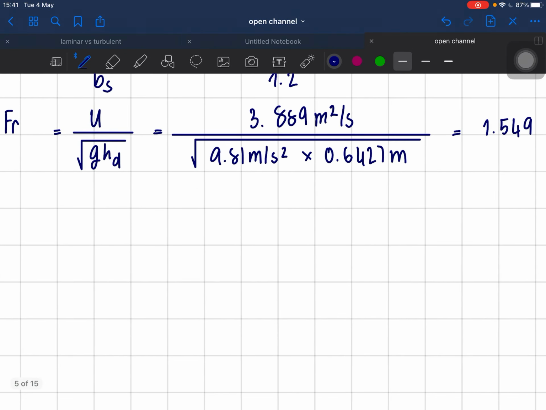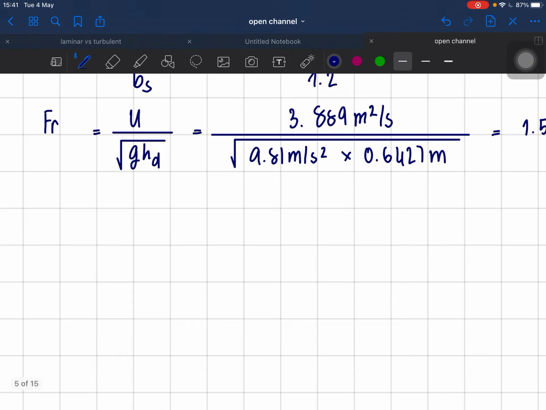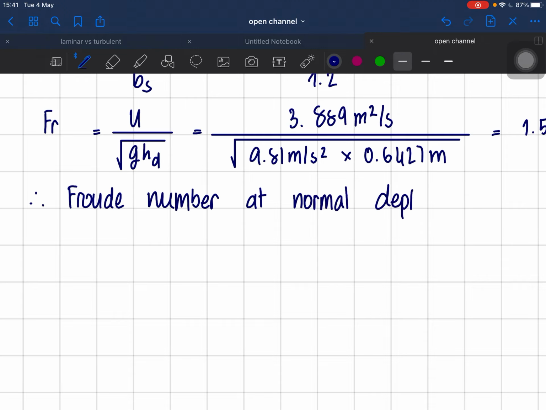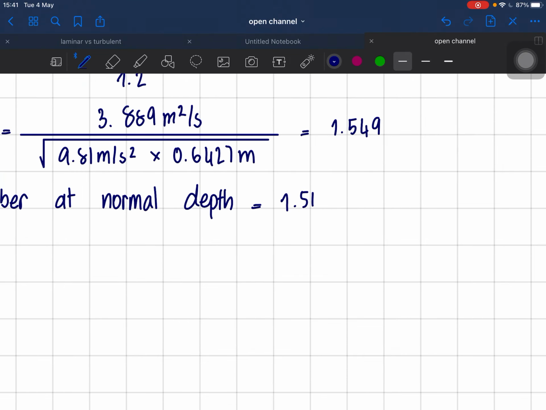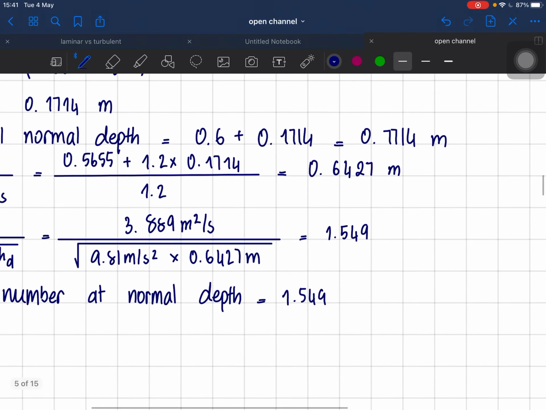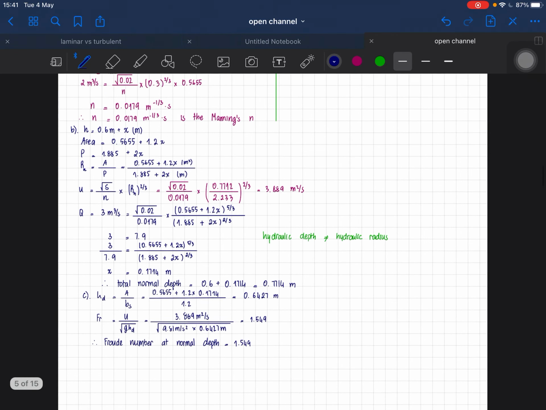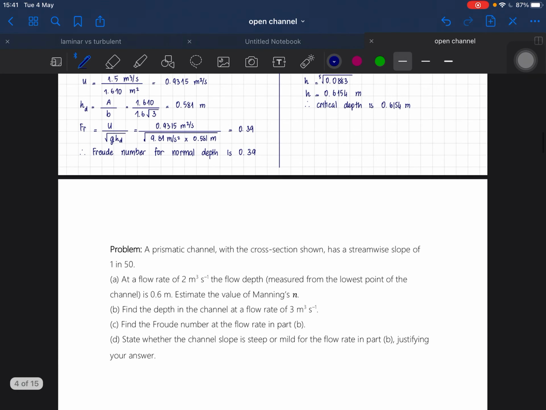No unit, no value. So the Froude number at normal depth is equal to 1.549. So the next question, not the next, it is the last question they're asking.